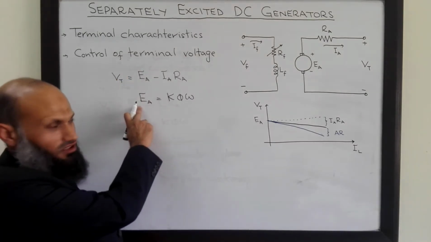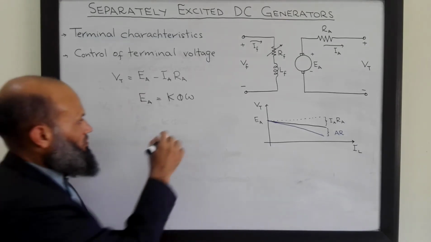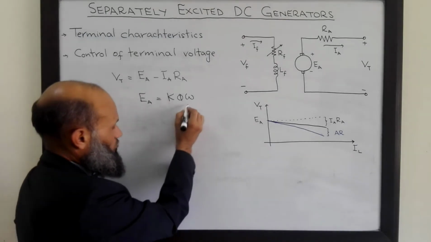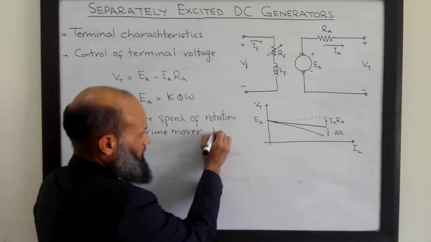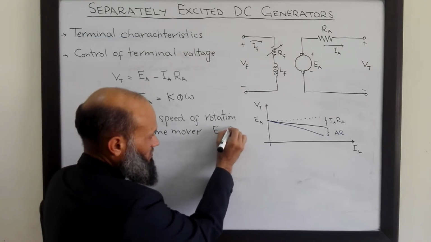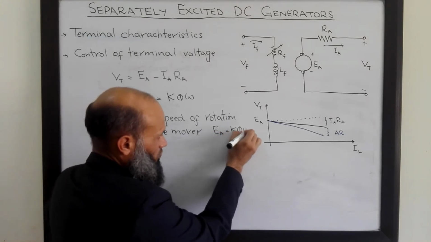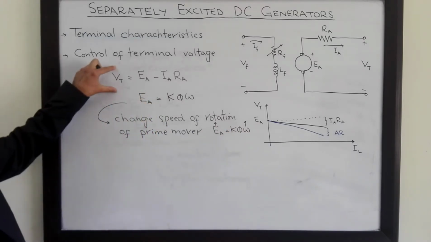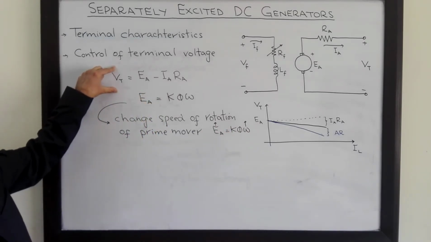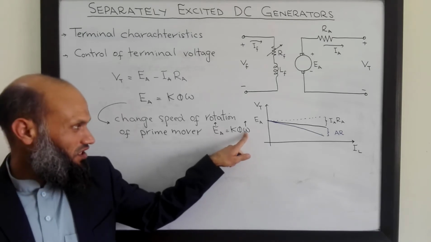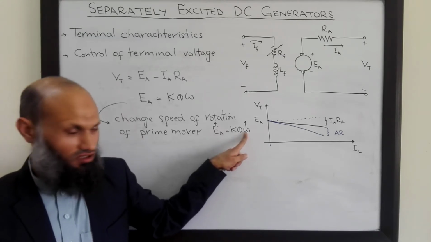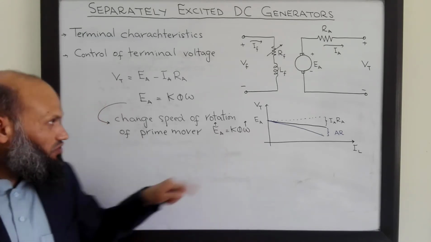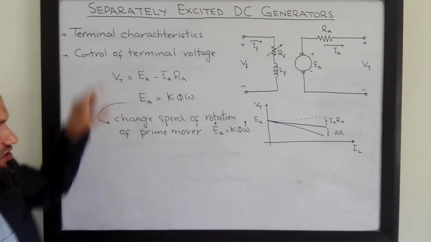And how can we change Ea? To change Ea, we can change omega. If we increase the speed of rotation, then Ea will increase and thereby Vt will increase. Similarly, decreasing the speed of rotation of the prime mover will decrease the generated voltage and thereby decrease the terminal voltage.